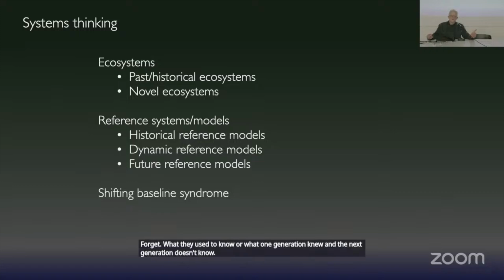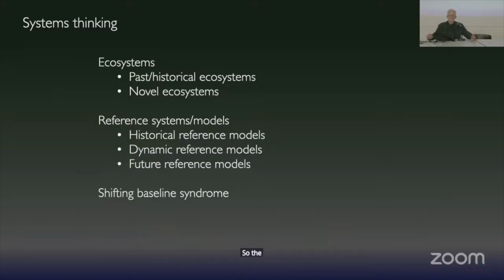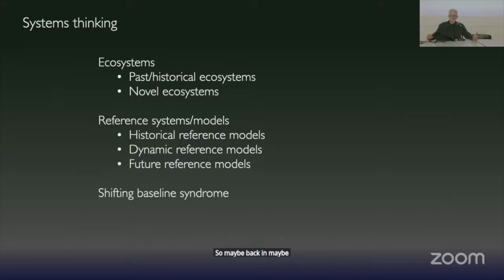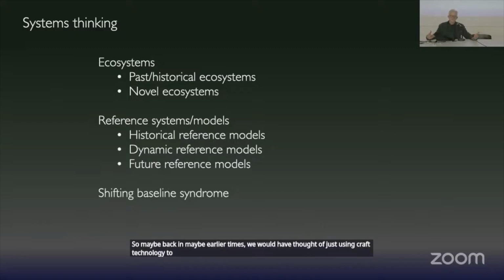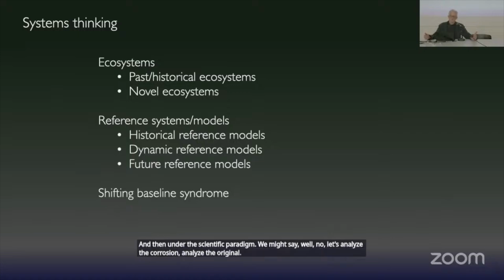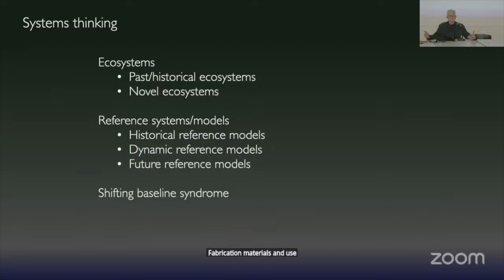So the points of reference are always going to be different among individual people as they get older, but also among generations. So maybe back in earlier times, we would have thought of just using craft technology to restore an object. And then under the scientific paradigm, we might say, well, no, let's analyze the corrosion, analyze the original fabrication materials and use those materials, or use different materials that look the same.